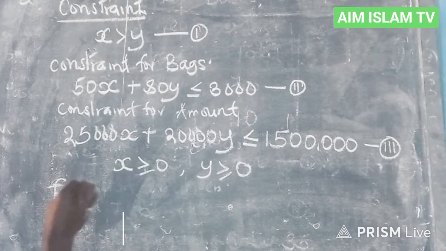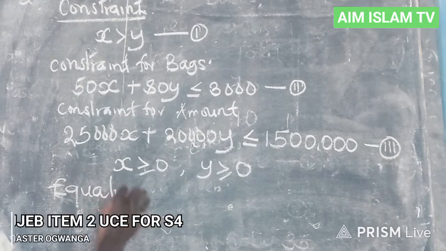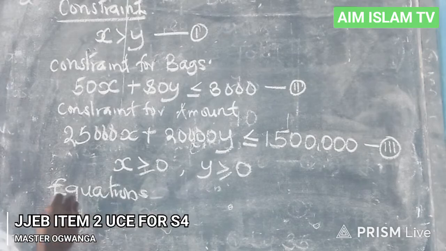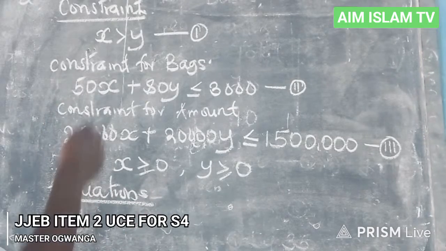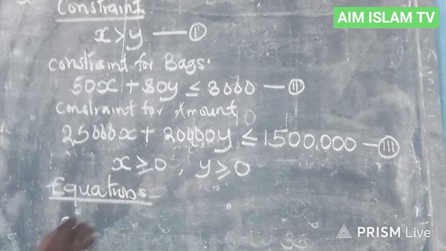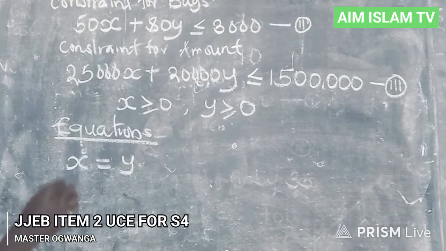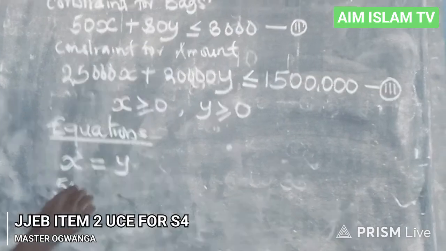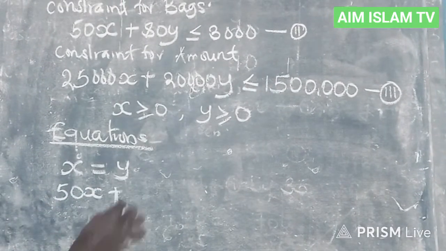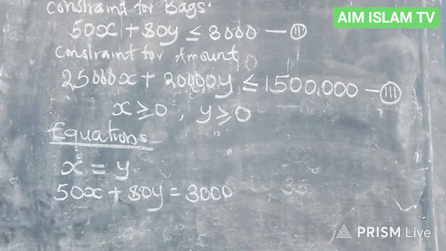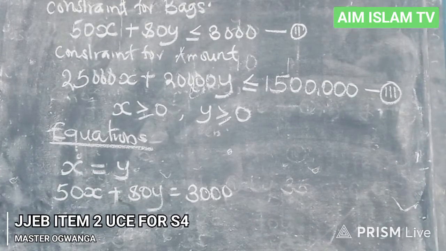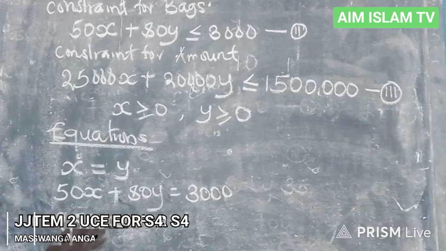So what I'm going to do is arrange this. We are going to get the equations out of the inequalities we have formed. When you look at number 1, to remove the inequality sign, we'll only have x equals y. And number 2, we'll have 50x plus 80y. Then number 3 has 25,000.